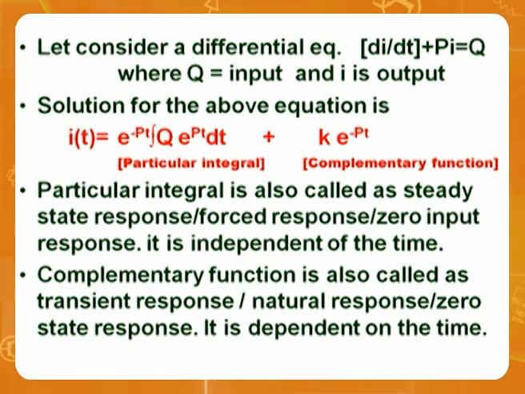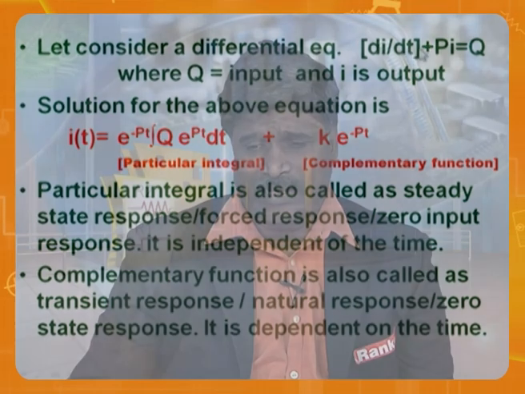If you say di/dt + pi = q, we call it a first order system. As you know, any system is mathematically represented in the form of integrals and differentials. So, we normally say every system is an nth order differential equation. But to reduce the complexity at the introductory level, I am taking a first order system.